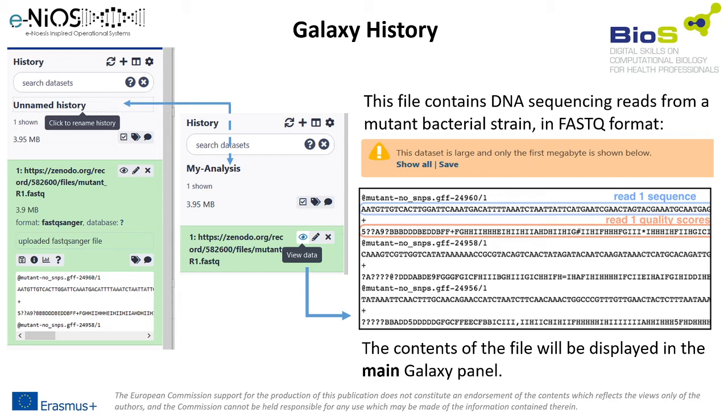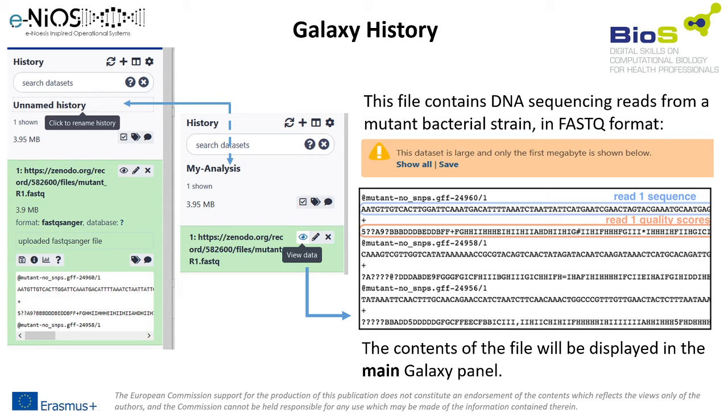This will show up in the middle panel of Galaxy. The pencil icon allows you to edit the attributes of the file. For example, you can change the file name here. The cross icon lets you delete the dataset from your history.